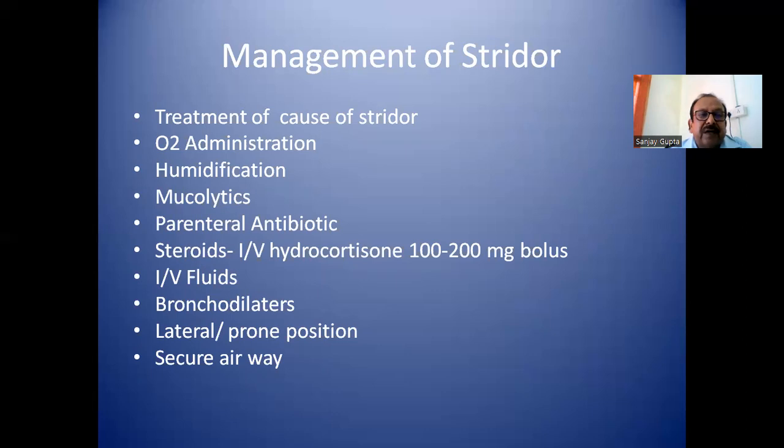Oxygen administration, if there is hypoxia or cyanosis, humidification, then mucolytics may be administered, parenteral antibiotic in cases of infections, steroids, IV hydrocortisone 100 to 200 milligram bolus, IV fluids, bronchodilators, nebulizers. Patient should be nursed in lateral or prone position, and you have to secure the airway.